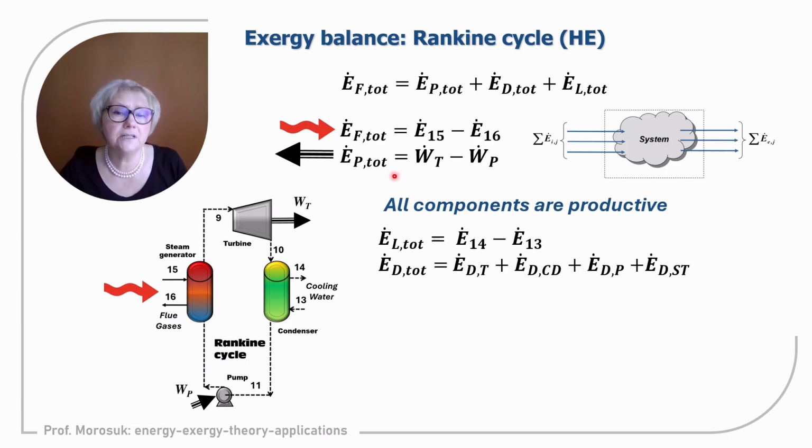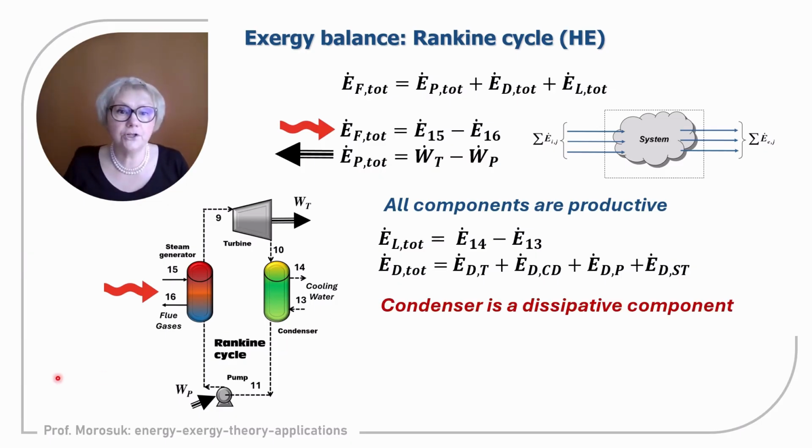The product of the system is the difference of work generated by the turbine and work required by the pump, so-called W net. With all components productive, I repeat, the losses of the overall system will be the difference between stream 14 and stream 13. This is cooling water or cooling air, and later this exergy will be transferred to the environment.